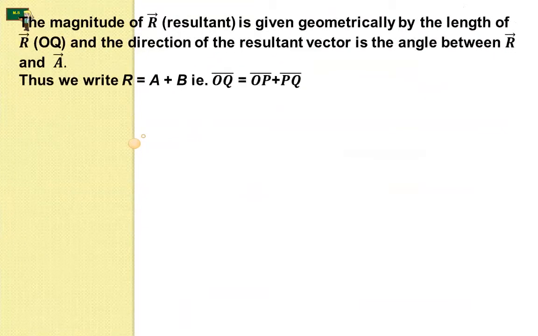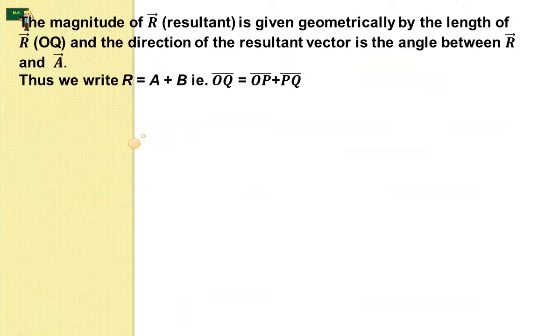Now the magnitude of the resultant R vector is given geometrically by the length of R, that is OQ, and the direction of the resultant vector is the angle between R vector and A vector. Therefore we write R is equal to A plus B, that is OQ vector is equal to OP vector plus PQ vector.